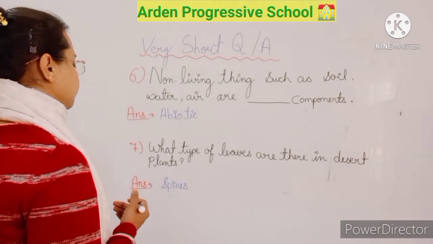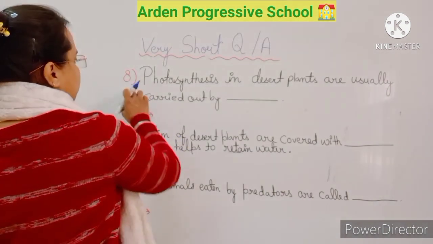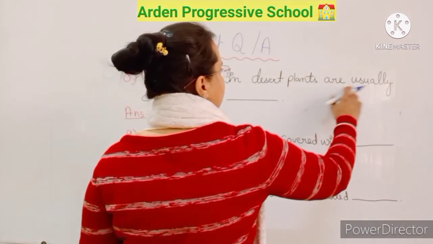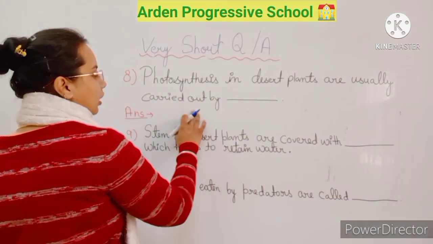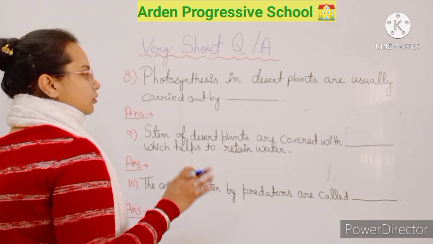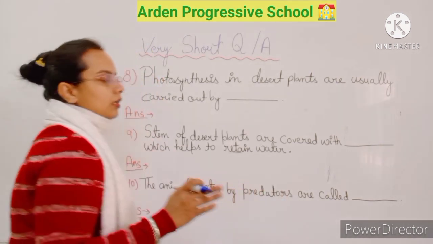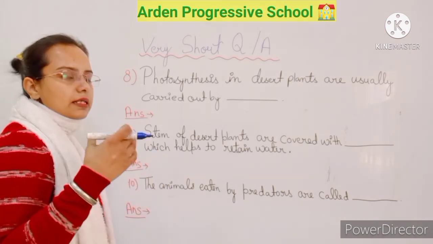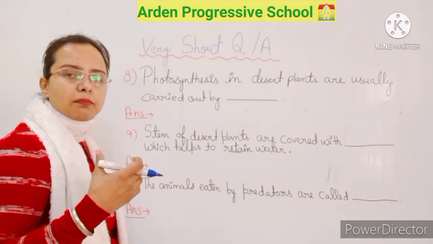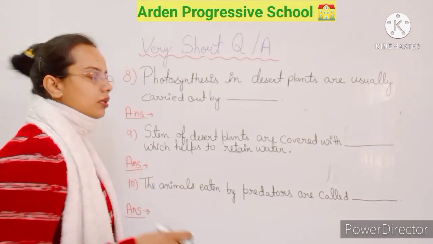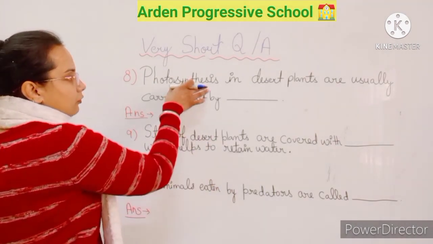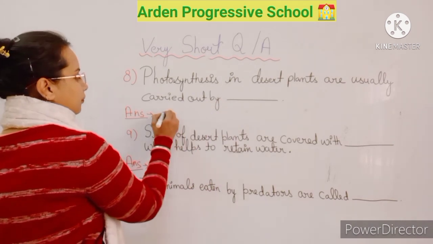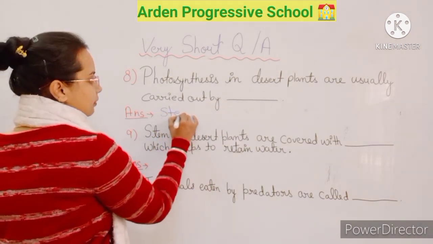Now question number 8 is photosynthesis in desert plants is usually carried out by. You know that the stems of desert plants are green. So the photosynthesis in desert plants is usually carried out by the stems.